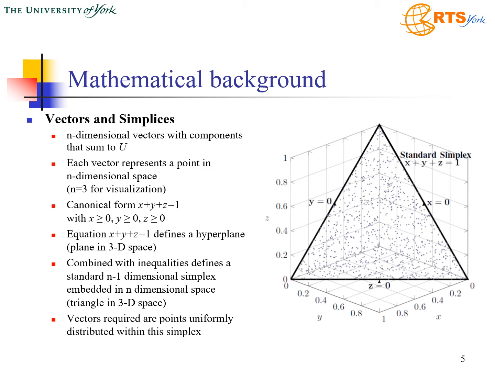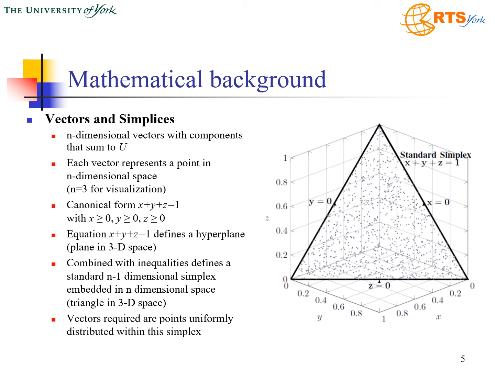To ease visualization, we're going to draw diagrams for the case of n equals 3, so 3D space. The canonical form of the problem is that the sum of the component values is equal to 1. So in the 3D case, the three coordinates, x, y, and z, sum to 1.